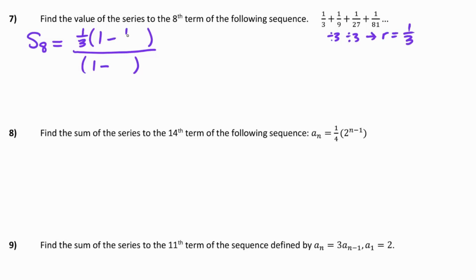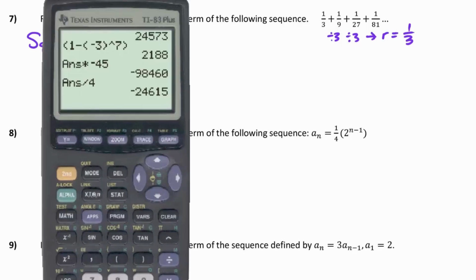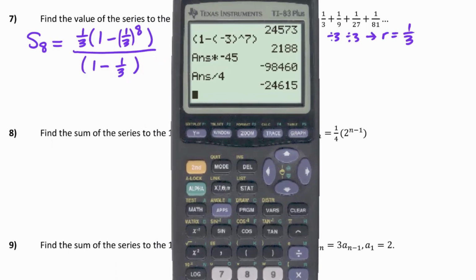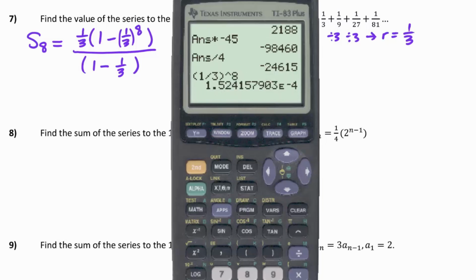Okay, so I am taking 1 minus 1/3, and I like putting that in parentheses, at least when I have an exponent. Since I'm finding 8 numbers to add up, I need to take 1/3 to the 8th power. This can sometimes be a little tricky, so maybe we should do 1 divided by 3, and raise that to the 8th power. And you'll notice I'm getting something very, very small.